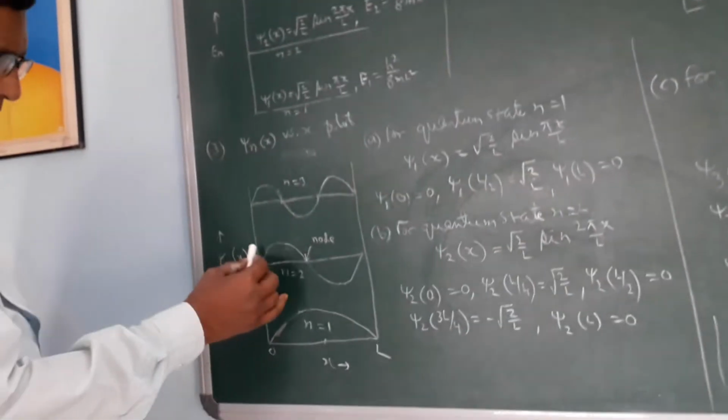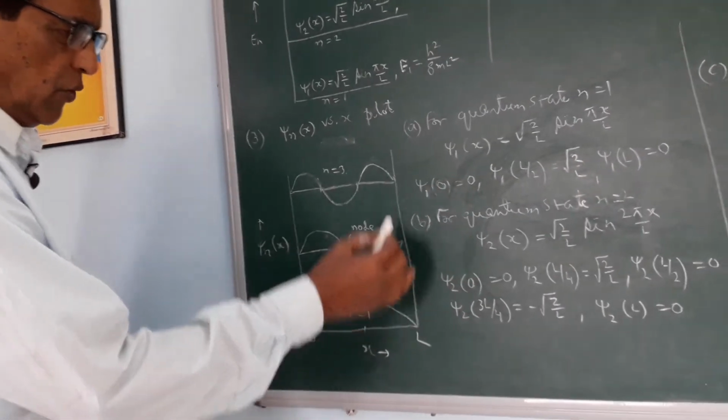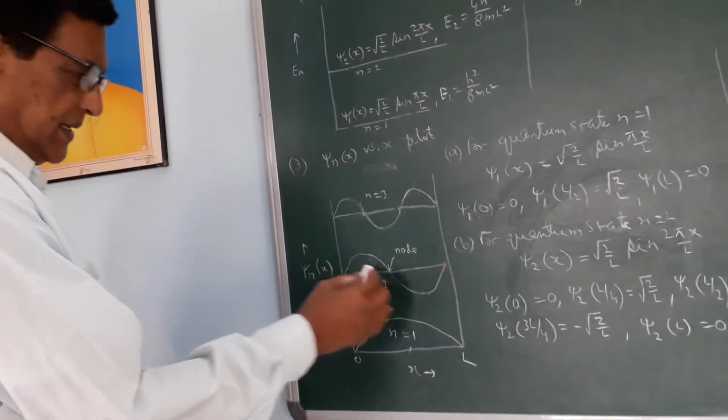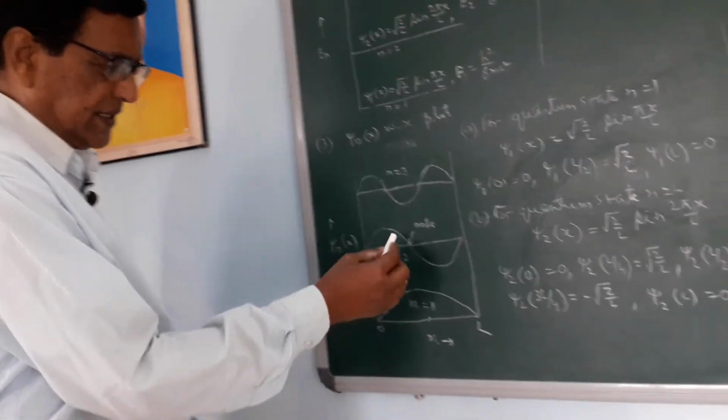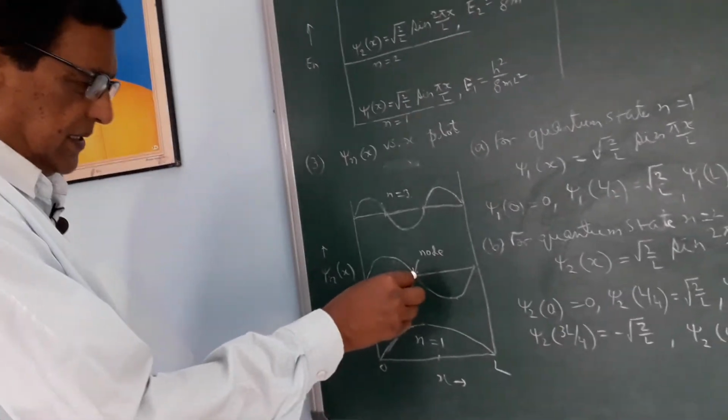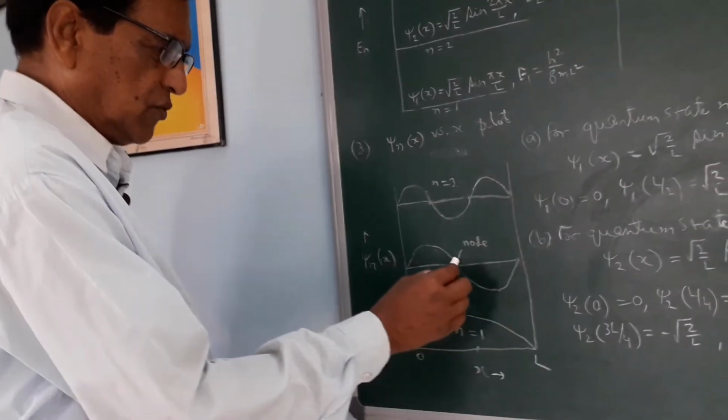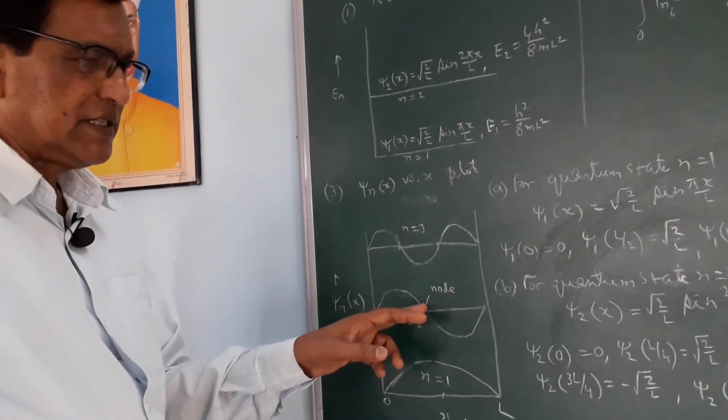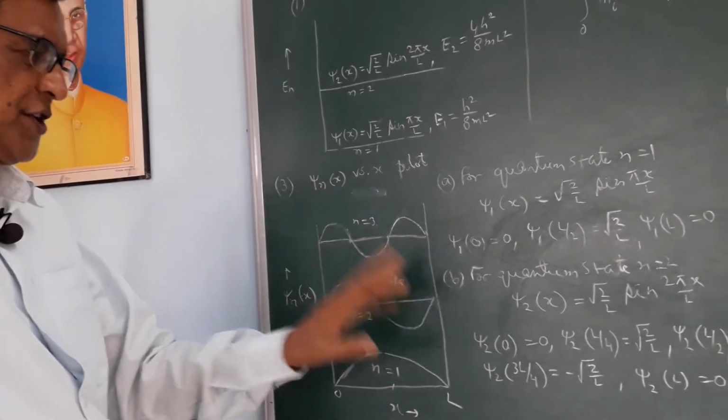So this plot will be like a wave. Besides the end points, the points where psi n(x) equal to 0 are the nodes of this state.